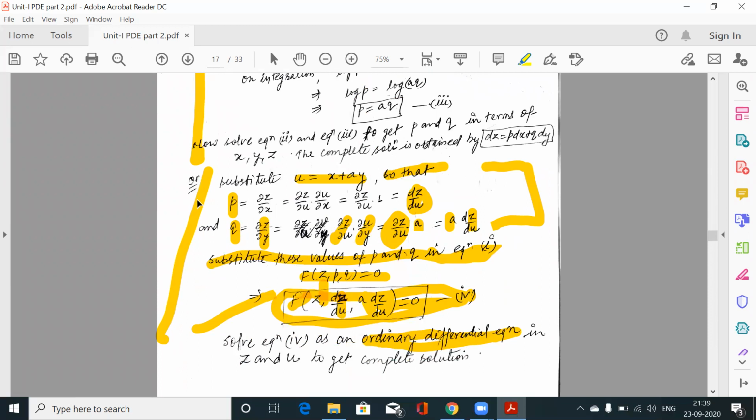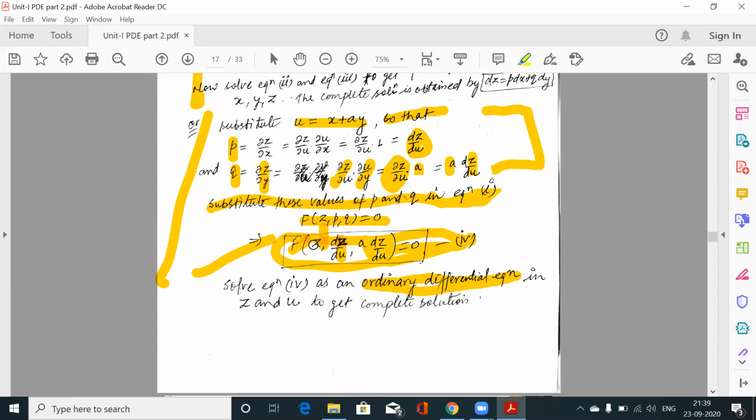If you are using this transformation, then you have to know how to get the solution of a first order ordinary differential equation: the separation method, homogeneous method, linear method, reducible to linear method, exact method. So those methods you have to remember. If you are using this procedure to solve, then you have to know the solution of ordinary differential equations.